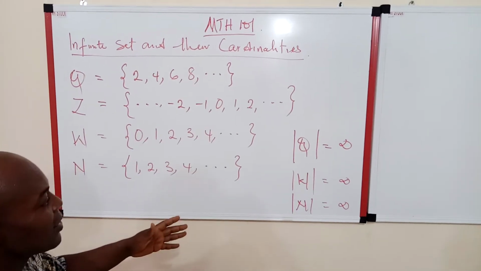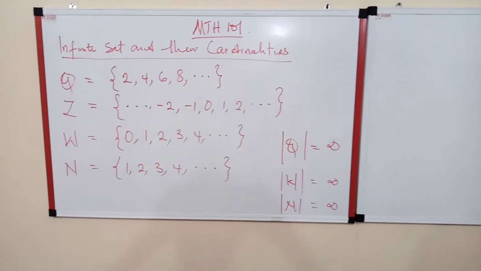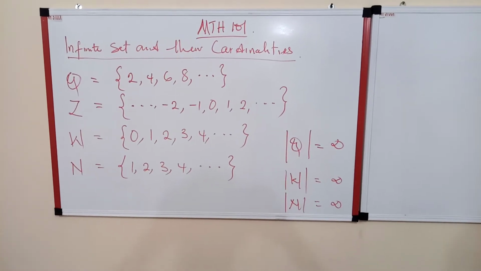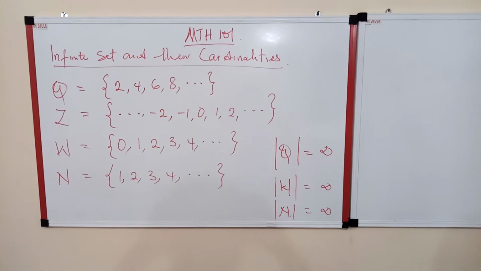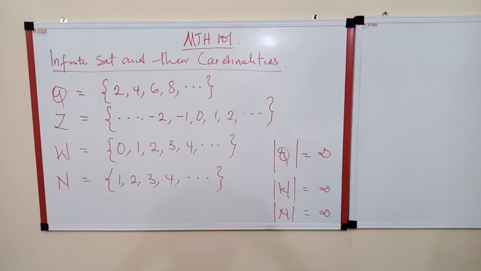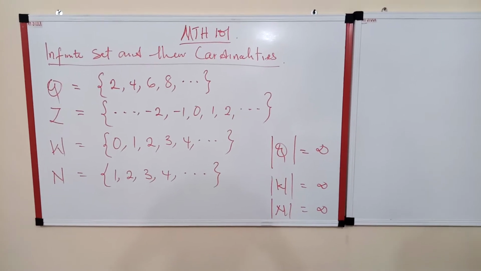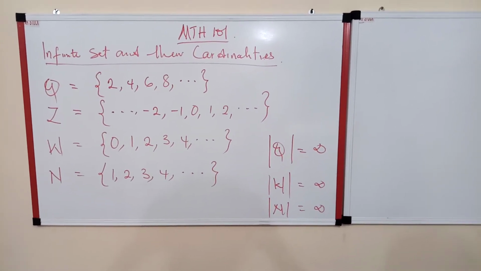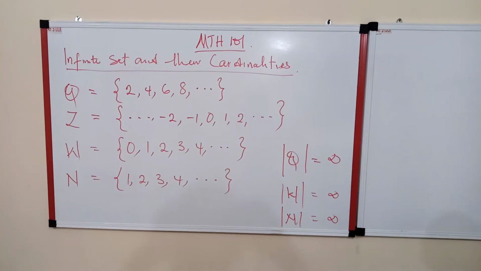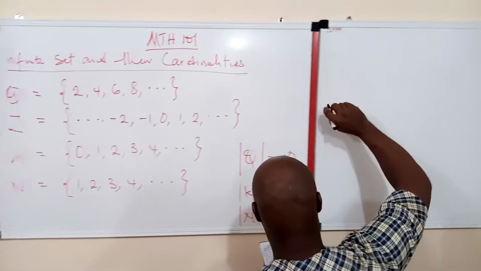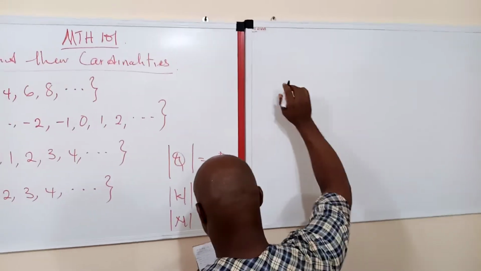In this case, it's a bit rigorous, a bit difficult to determine the cardinality of two sets. So what are we going to do? We are going to employ logical reasoning by using, let's write something.